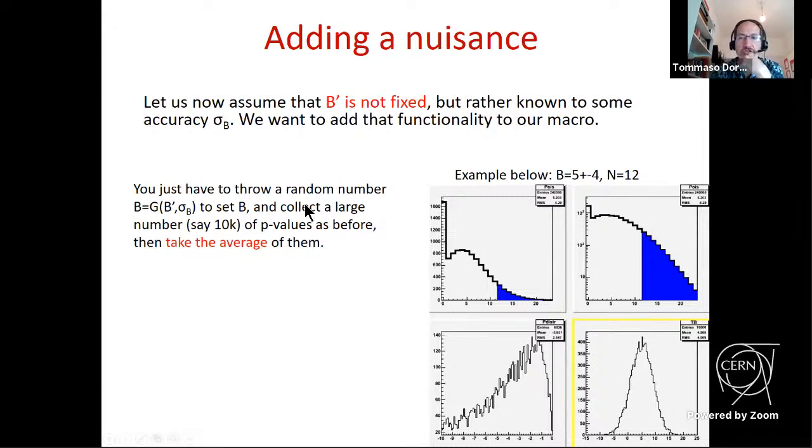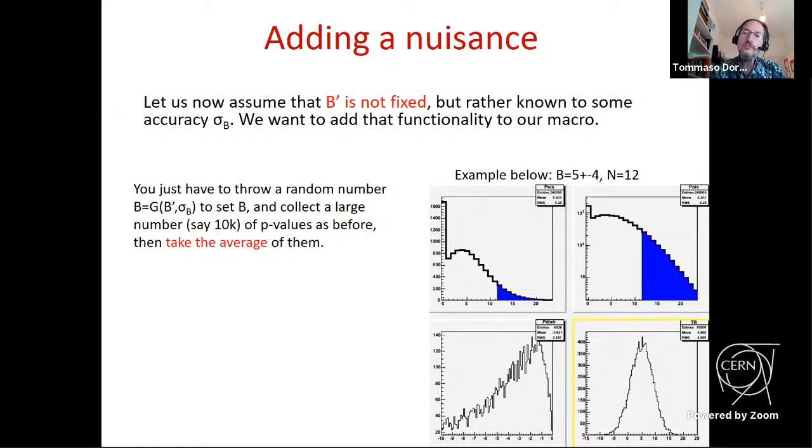What it means if your background is not known precisely, but with a certain uncertainty, is that you will have to do toys whereby you throw a number from, say, a Gaussian distribution centered at your nominal background with a width of the specified uncertainty on the background. And you will use that as your background in determining the tail probability.